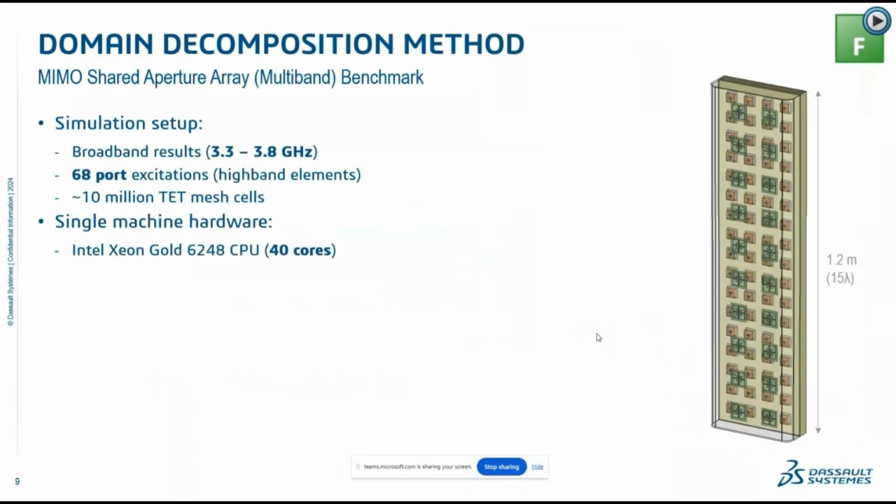In the frequency domain method, we introduced the so-called domain decomposition method a few years ago, which is very beneficial to solve electrically large and complex arrays. As an example, I have a base station array here, which is electrically large, consisting of almost 68 ports for high band elements, operating in sub-6 gigahertz 5G frequency.